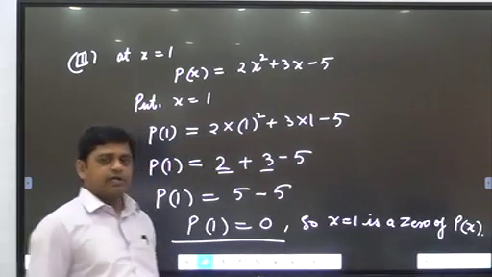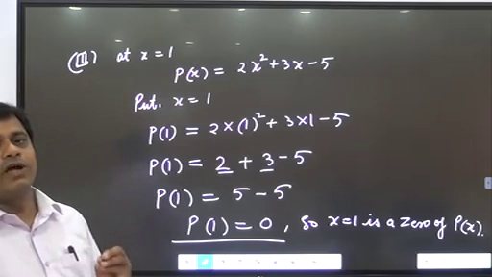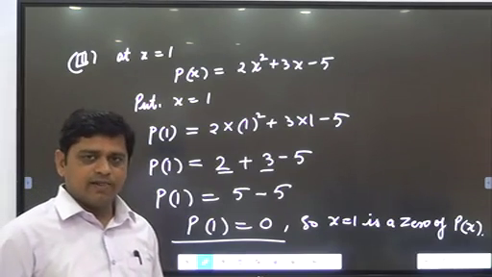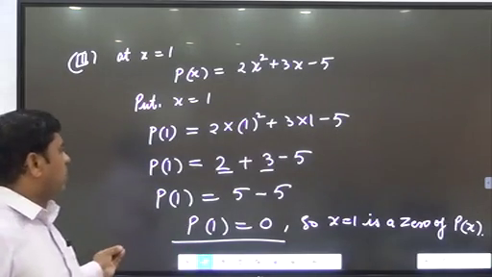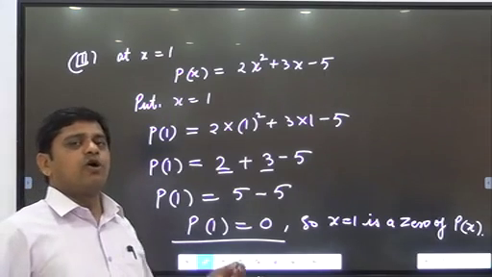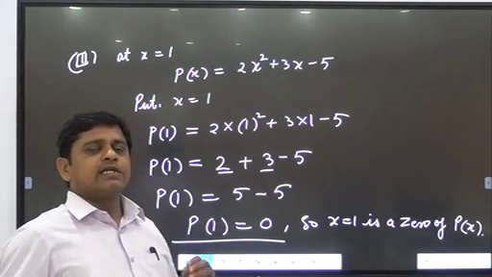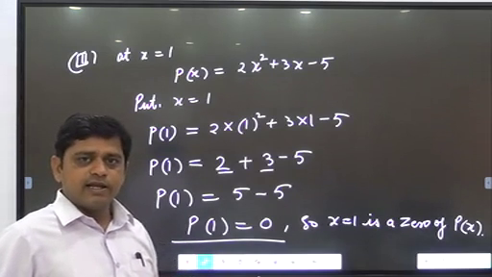I hope you understand, and keep in mind that if for any value of the variable the value of the polynomial is 0, then that value of the variable is a zero of the polynomial. Clear?